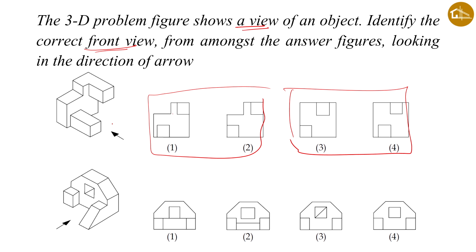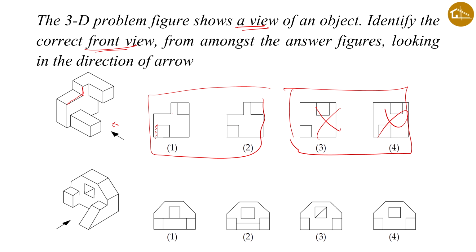So we will first see whether this condition is okay or not. If you see from here, you will see this cut that is given over here, but it's not given over here. So these 2 are wrong options. Now we have 2 options only, and these 2 options are almost the same; the only difference is this portion is given over here but there is no such portion over here.